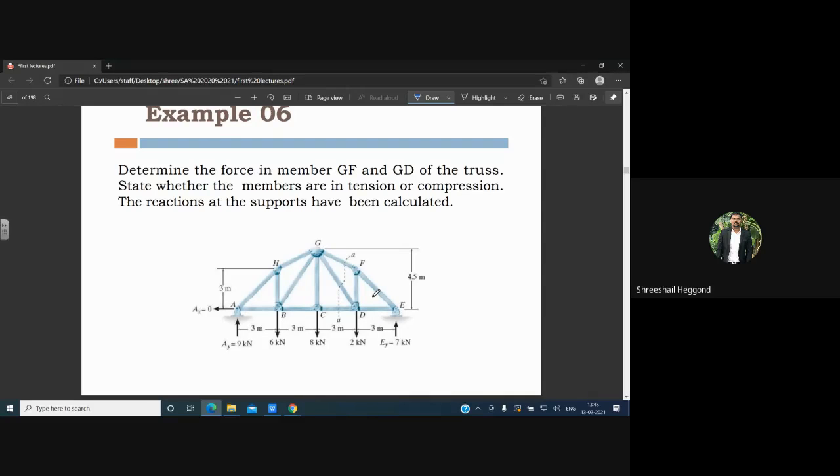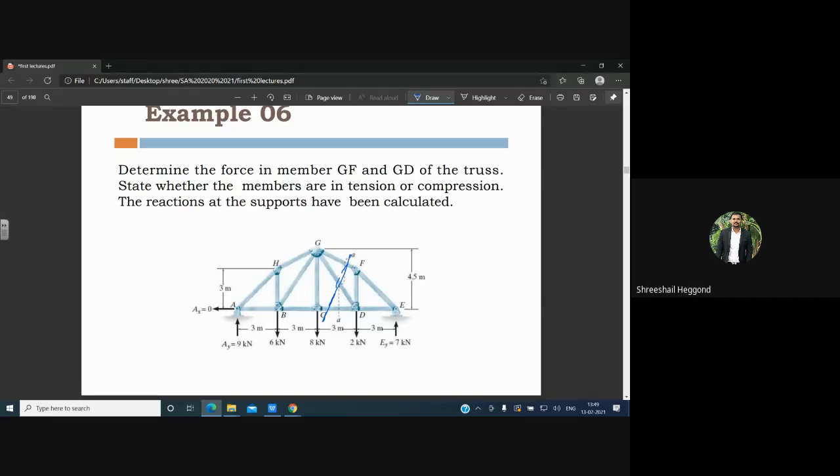You need to find out the member force in GF and GD, where in only one section you can calculate both the values. That is section AA. You can show the sections with a straight line only. The section will completely cut three members, that is member CD, GD and GF.